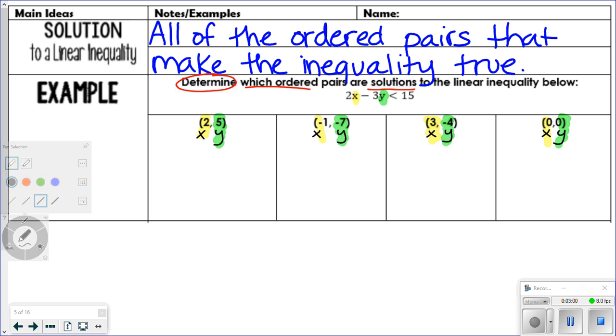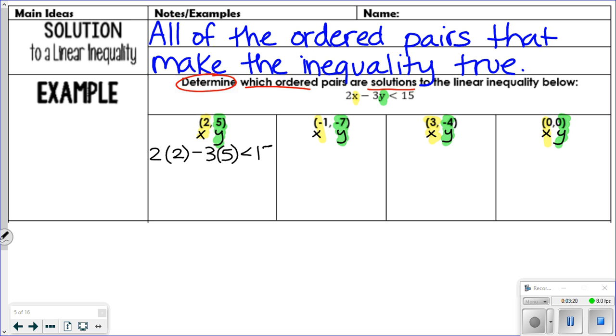So if I write it out, I'm going to start with the 2 that's given, and instead of having an x, I'm going to replace x with 2, minus 3 times y, and I'm going to replace y with 5, less than 15.